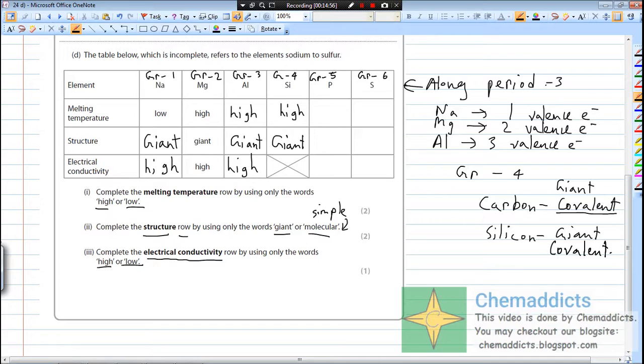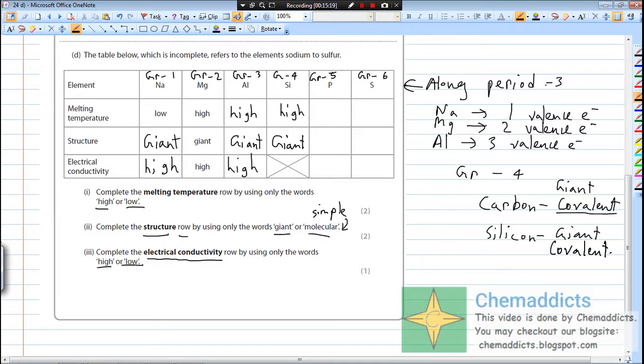So we have come to know that group 4 elements generally form giant covalent structures. Just like carbon forms giant covalent structures like diamond and graphite, silicon also forms a giant covalent structure.